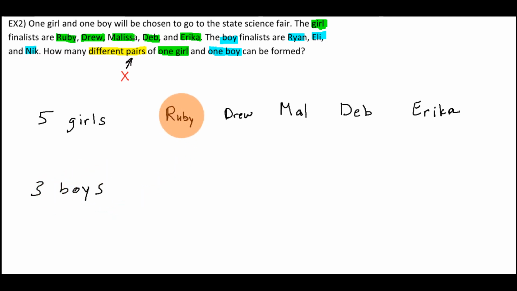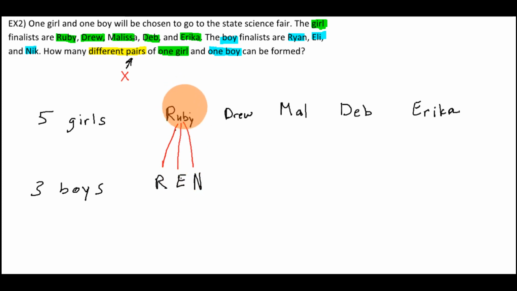One of the boys that Ruby could be paired with is, I'm just going to put capital R for Ryan. The other boy is Eli, so I could put capital E for Eli, or the last one is Nick, so a capital N. So let's combine or pair up these individuals. Ruby with Ryan, Ruby with Eli, or Ruby with Nick, any of the 3.